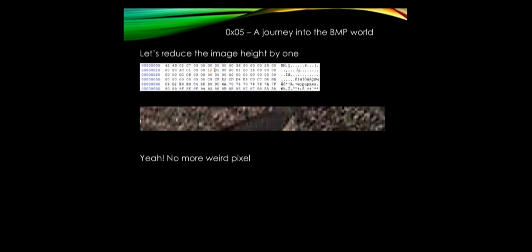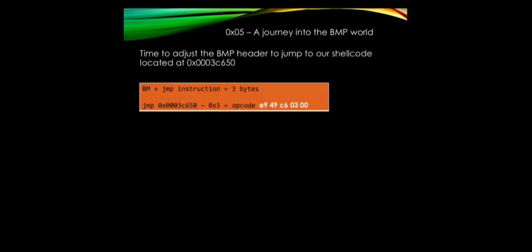So basically the first line is going to be removed. And the bitmap format is so simple that if there are more bytes in the image, they're just going to be discarded. So it's just going to take the rest, load the picture, and the first line is going to be removed, and you don't see it anymore. So basically we just have the same image with one less height, and it still works.